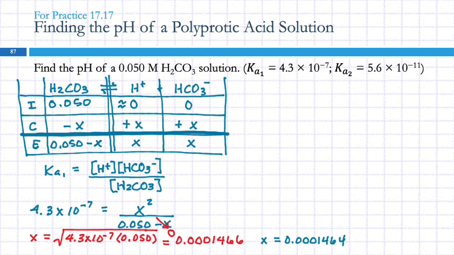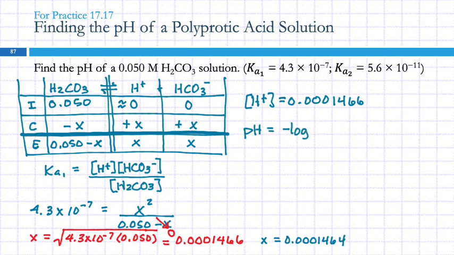So what does x represent here? It's the H plus concentration, right? So the hydrogen ion concentration is 0.0001466. How do we find the pH? The negative log of that, right?